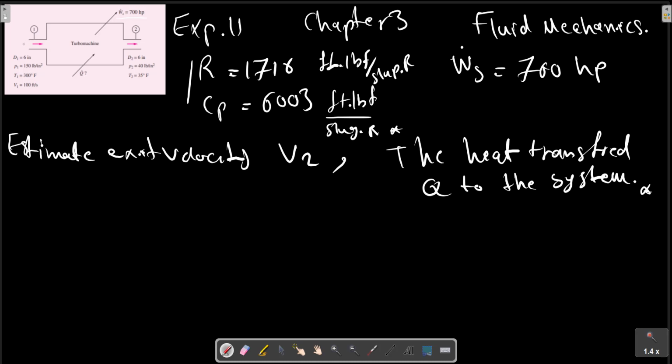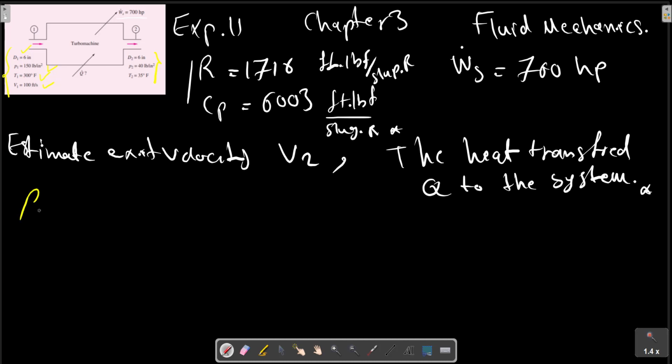The inlet and exit densities can be computed from the perfect gas law, as we have some properties for the inlet and outlet conditions. For the inlet condition, D1 equals 6 inches, P1 equals 150, T1 equals 300 degrees Fahrenheit, and the velocity at section 1 is 100 foot per second.